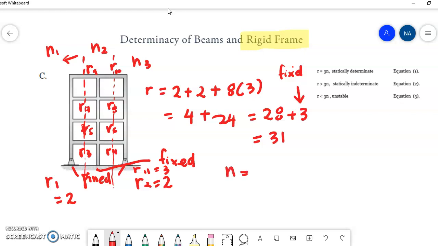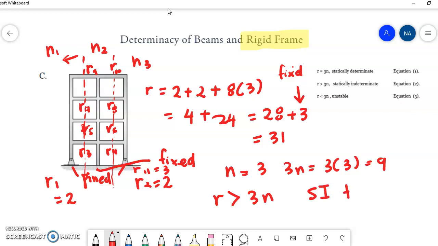So n here is equal to 3, and 3n is 3 times 3 is 9. So in this case, R is greater than 3n. So it will become statically indeterminate to how many degrees? 31 minus 9 is 22. So statically indeterminate to the 22nd degree.